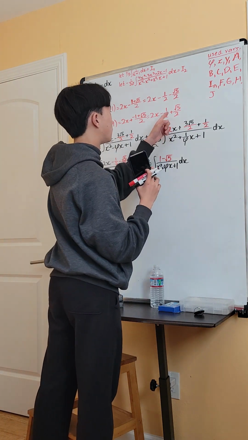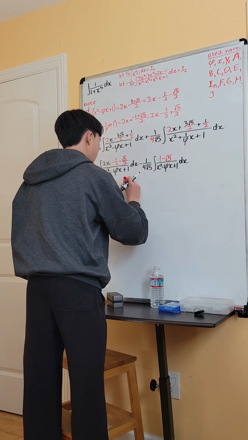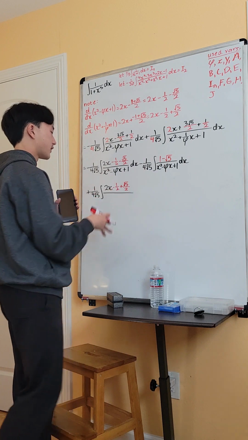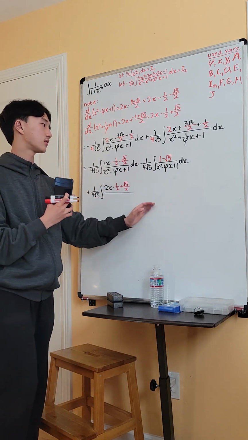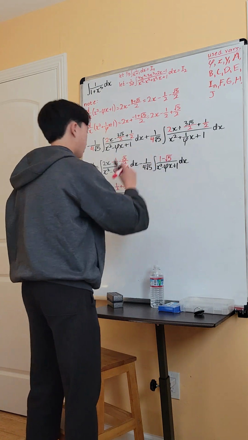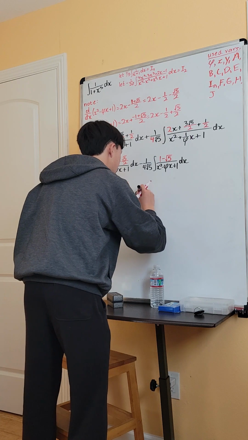And now we want a positive root 5 over 2, so plus root 5 over 2. Okay, so that would be our first fraction, and then we split the compensation into a different fraction. So this would be x squared, and then plus 1 over 5x plus 1 dx.